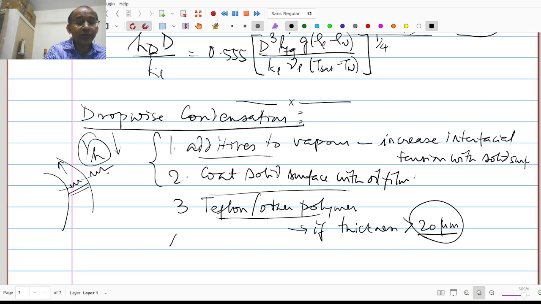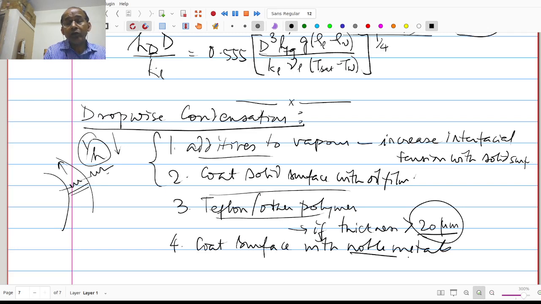The fourth option is to coat the surface with noble metals, such as gold, platinum, or such materials. So then it is very effective, but then you can understand that it's very expensive.